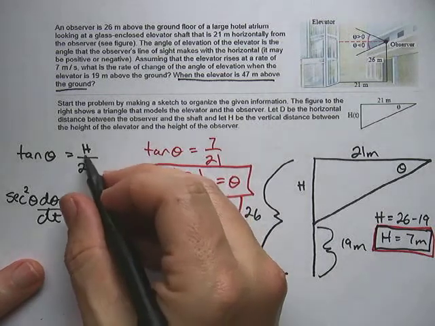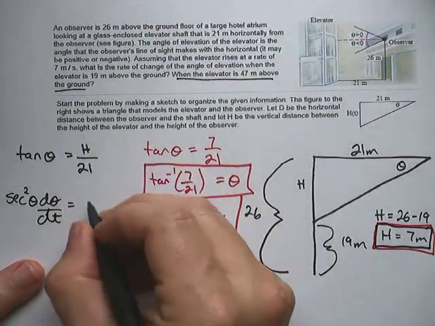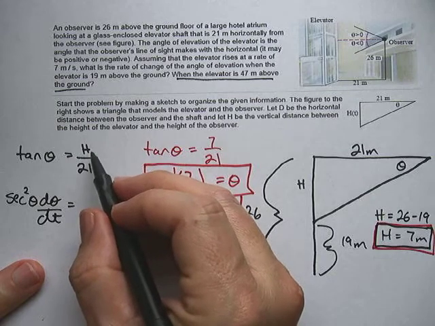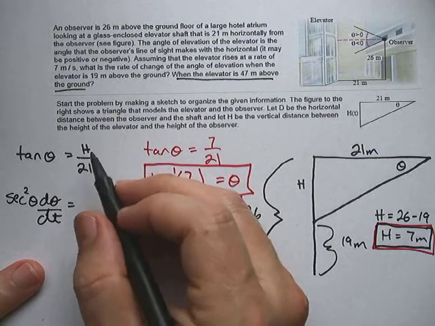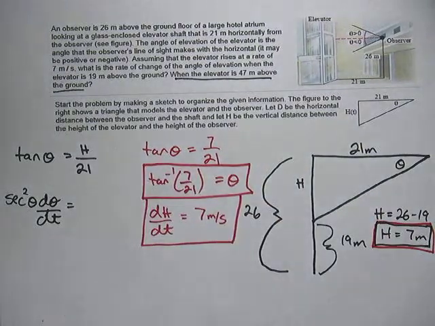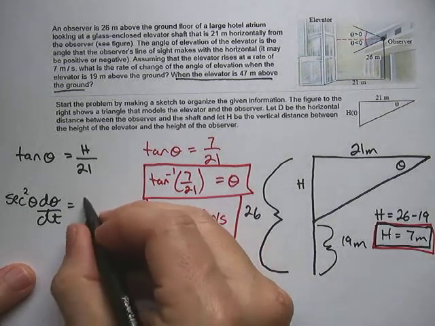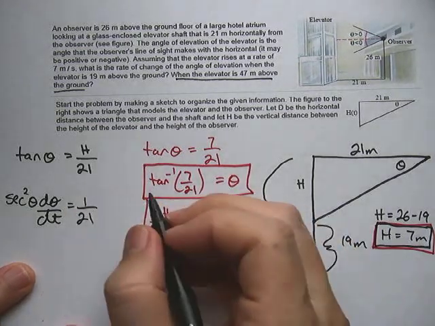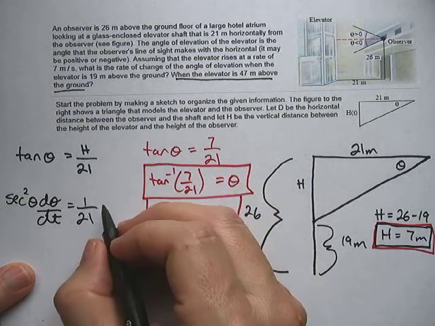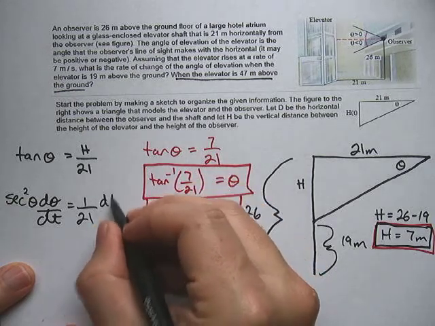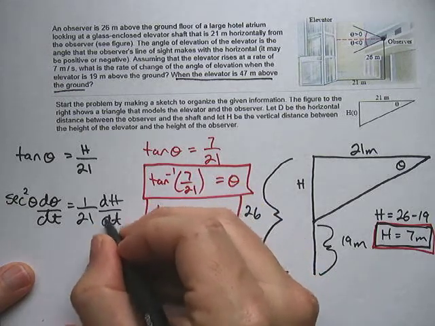And then on the other side, we have an h as our variable. So when we take the derivative of h, it's just like taking the derivative of x when you have dx dt. The 21 doesn't change on the bottom, so we get left with 1 over 21. The h, the derivative turns into a 1, and then it's dh over dt.